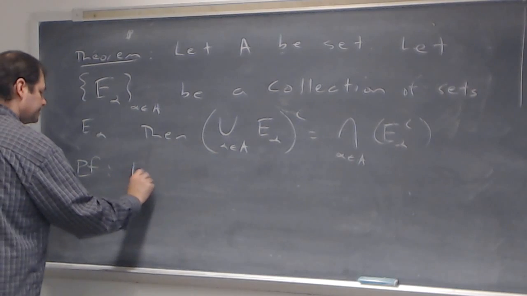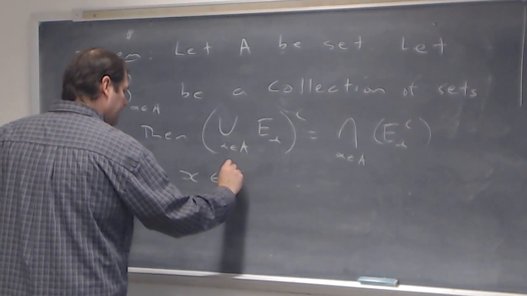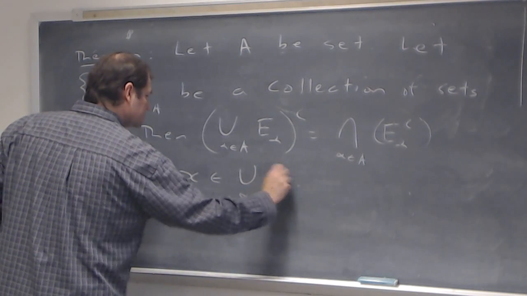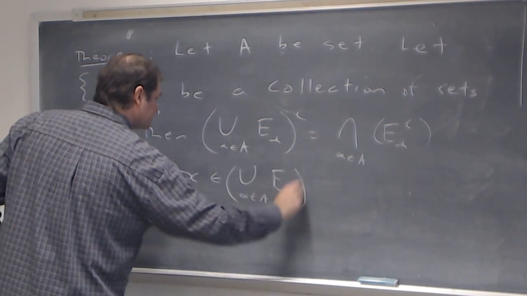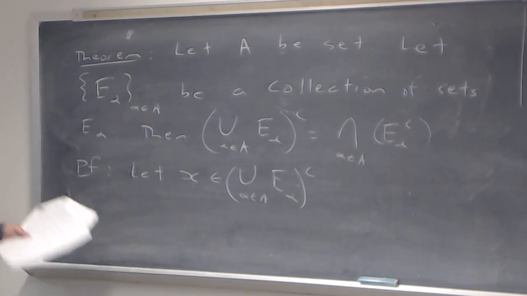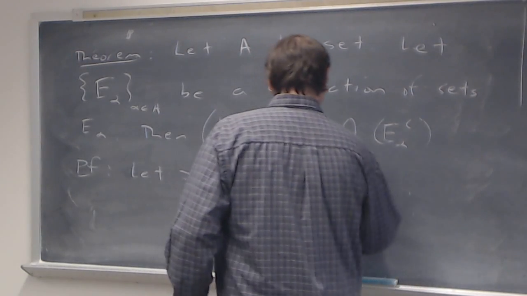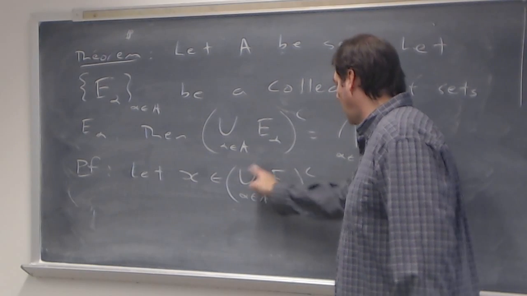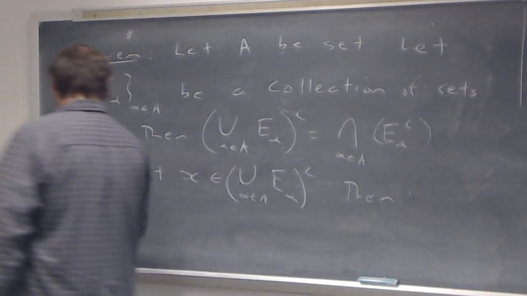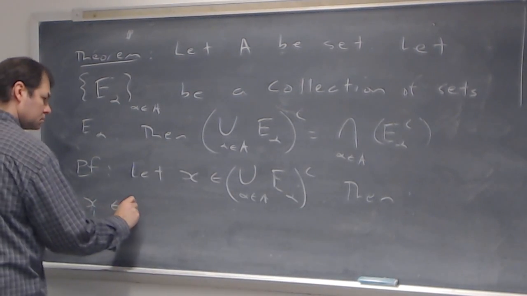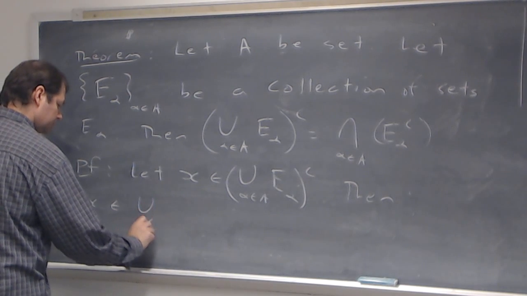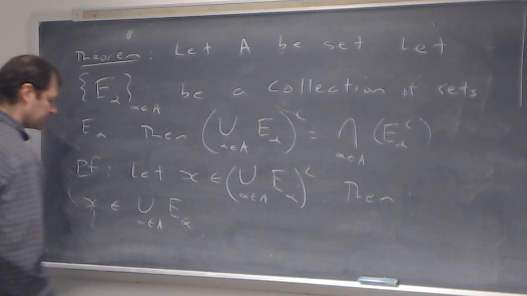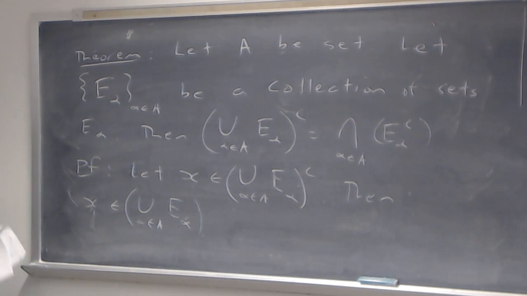Here's the process. We let X be an element of this union's complement. Then that means that X is not in the union of the E alphas, so it's not in this set.